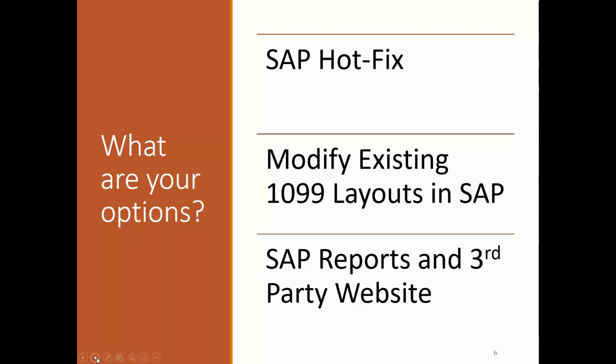And the first of which is actually from SAP development. They've been working on a hot fix in SAP Business One version 10 that will include the new 1099 NEC form with a layout to go with it, as well as additional layouts for the 1096 to check the appropriate box. Now, SAP has told us that this release is only going to be on version 10 as a hot fix, and it's supposed to be out sometime at the end of January.